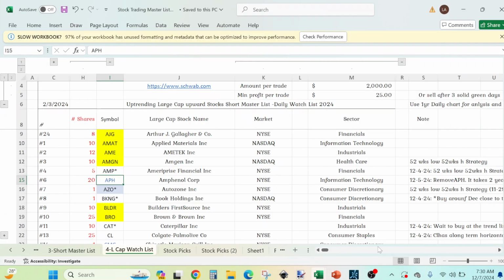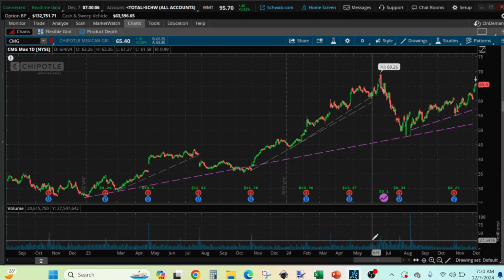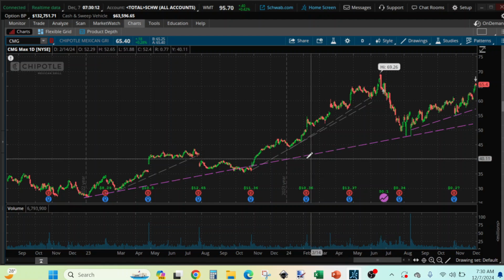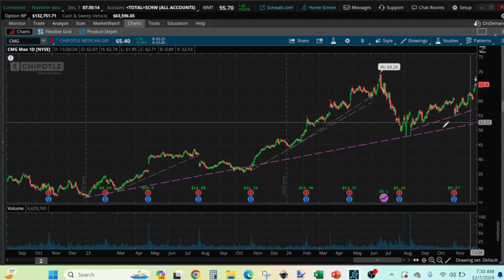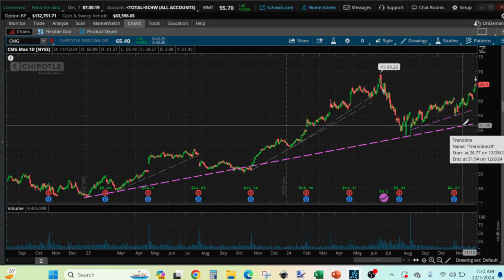So we have our stock watch list that we could take some stocks out of, add new stocks in. But again, until then, we are trying to locate that long-term trend line that we'd like to trade on in 2025. And we are not going to wait for 2025 to start. We apply that to MA that we purchased yesterday.